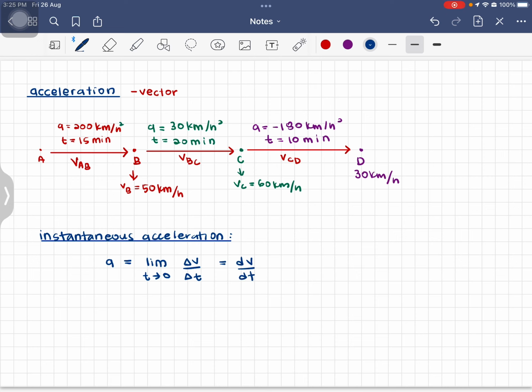If you have an equation for v, you can differentiate it to get the equation of a. For your knowledge, instantaneous acceleration is the acceleration at that point or at that time.